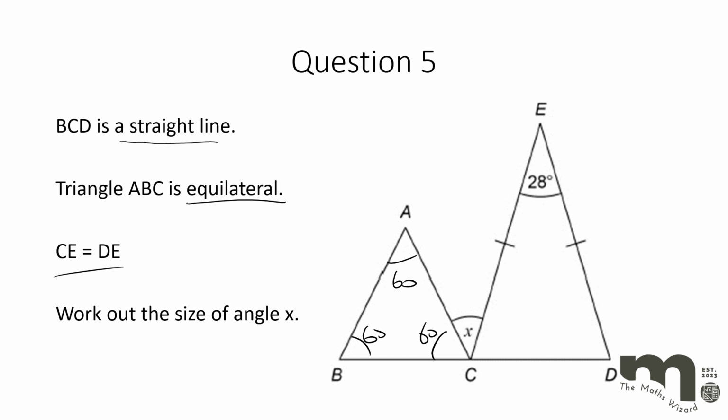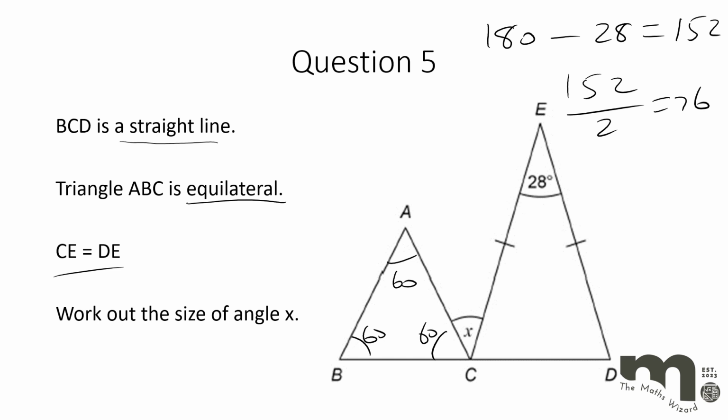Now, if we look at this triangle here, if we take that 28 away from 180, we're going to have 152. And then 152 divided by 2 will give you 76. So both of those base angles are going to be 76 degrees, because remember, base angles in an isosceles triangle are equal.